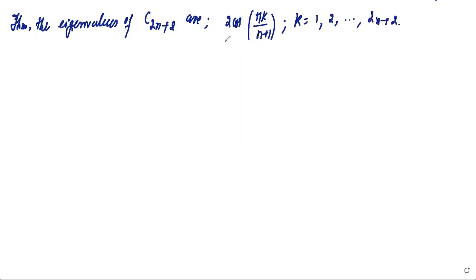Now let's list these 2n+2 eigenvalues first, and then we will see which eigenvalues have arithmetic multiplicity 2 in this list.